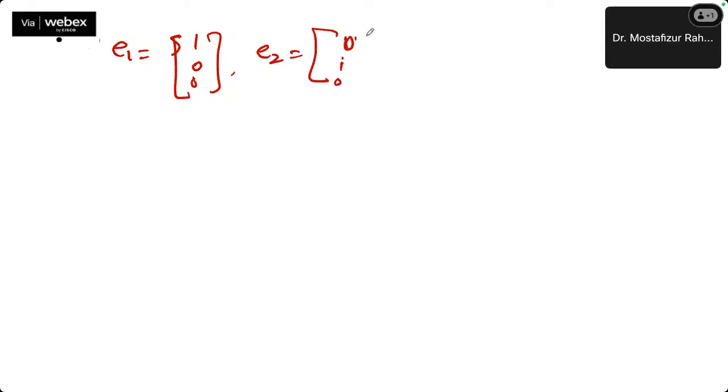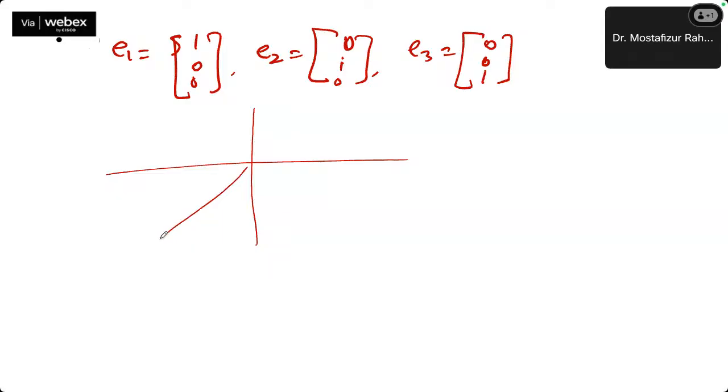Now let's take an example. Say we have the unit vectors E1 equals 1 0 0, E2 equals 0 1 0, and E3 equals 0 0 1. In three dimensions, we have one point on each axis: 1 0 0 is your E1, and the others are E2 and E3.